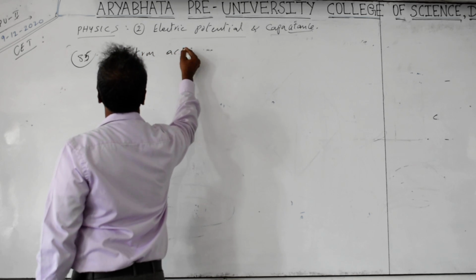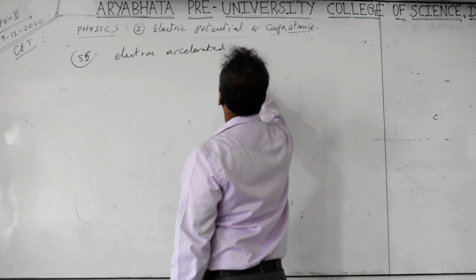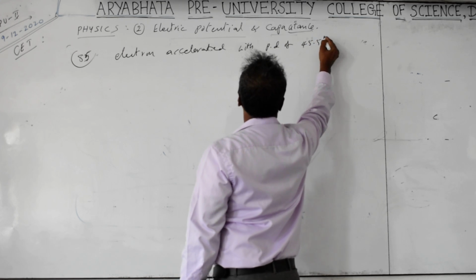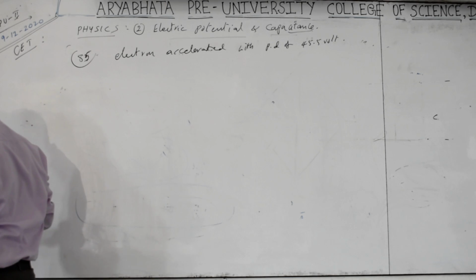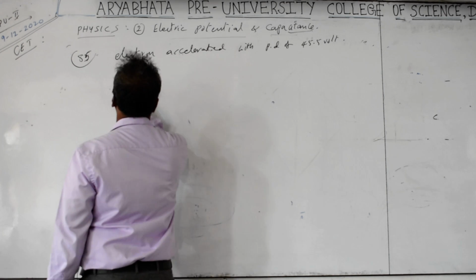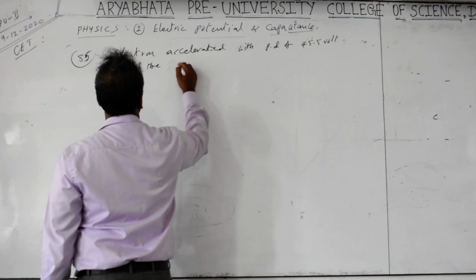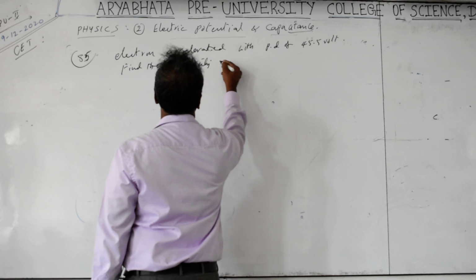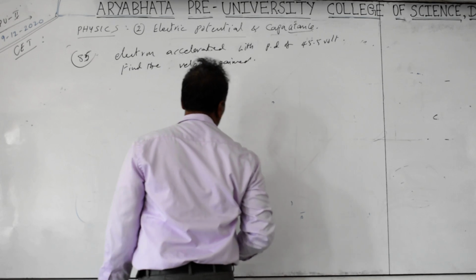Find the final velocity, or velocity acquired. Imagining that the initial velocity is 0, you have to take it. Not mentioned, so starting from rest you have to take.